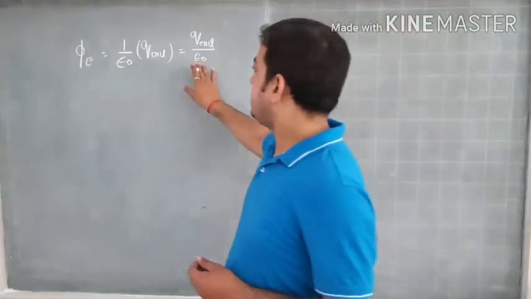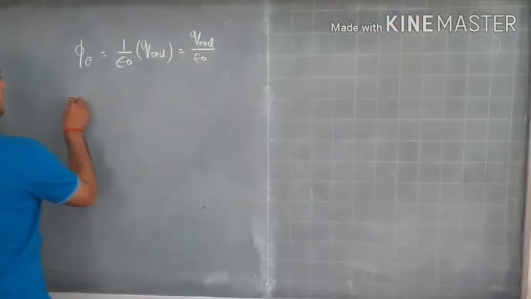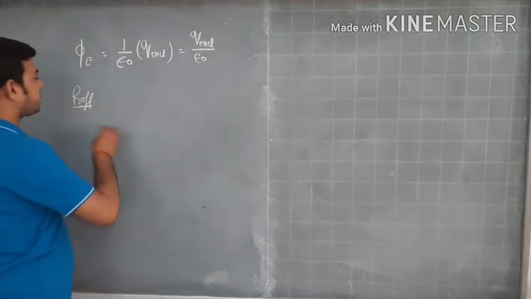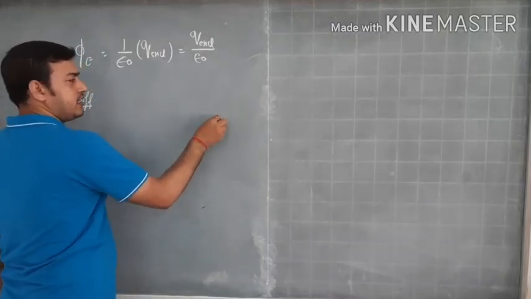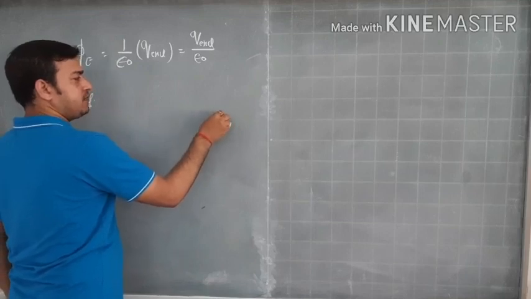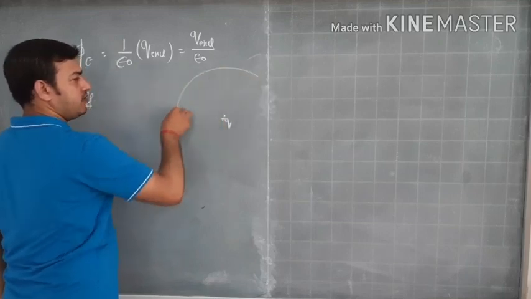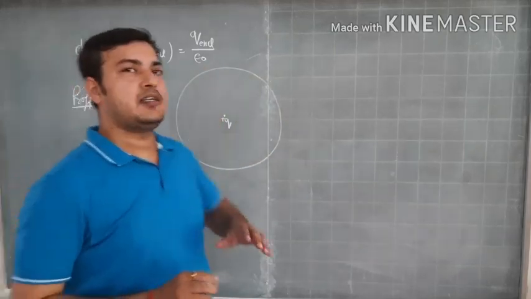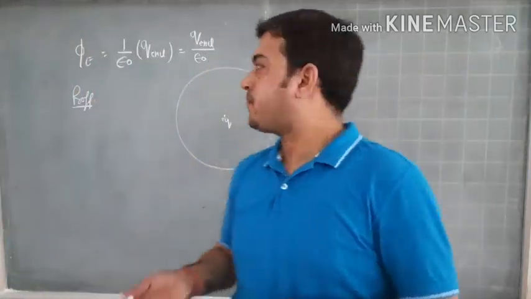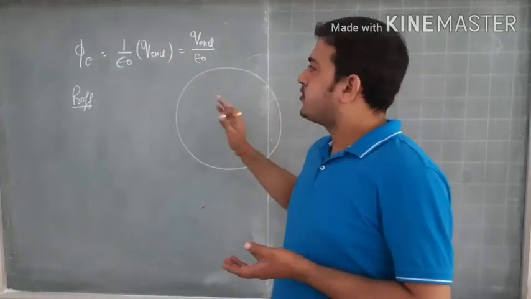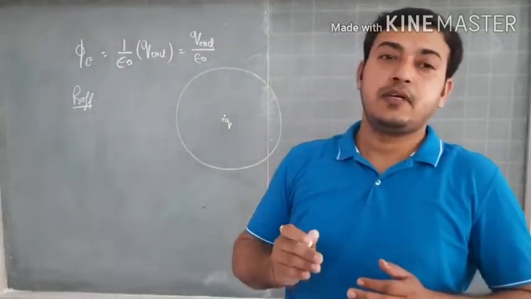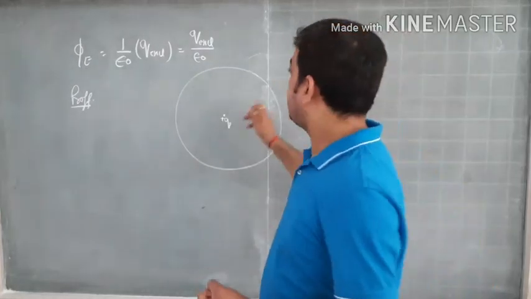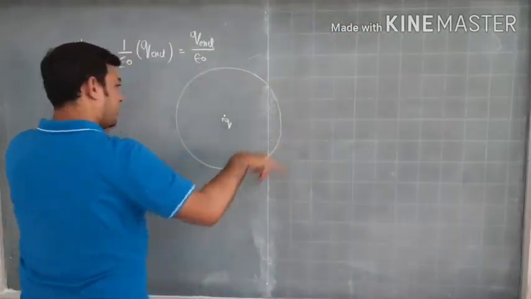Now we will prove this statement of Gauss' theorem with a very simple example. Consider there is a point charge that is placed at the center of this spherical shell. Now, since this charge is enclosed by this spherical shell, I can apply the Gauss theorem, because it tells that there must be a closed surface. Here, my closed surface is a spherical shell.